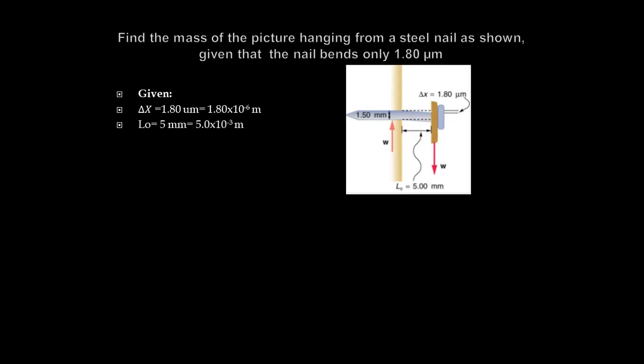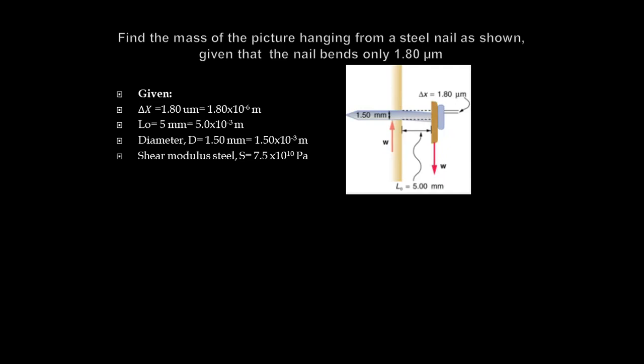Then our original length, we're going to consider the protruding part of the nail only, at 5 millimeters or 5 times 10 raised to negative 3 meters. And the diameter of the nail in meters is 1.5 times 10 raised to negative 3.